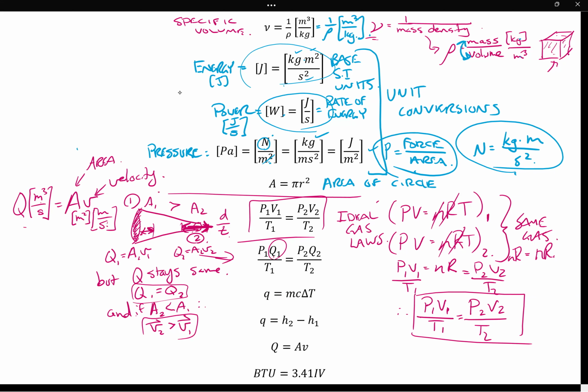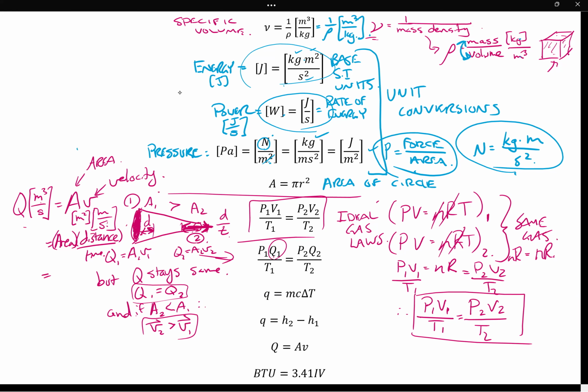And what we can do is just take the relationship here of distance and cross-sectional area. Area is in meters squared, but then here we're going to go area times distance over time.